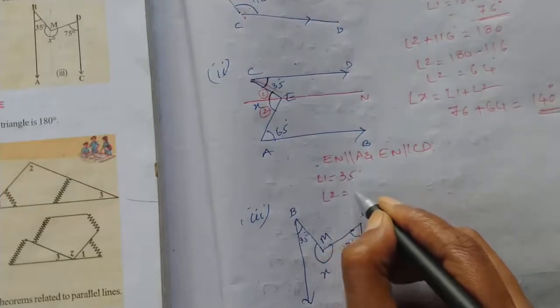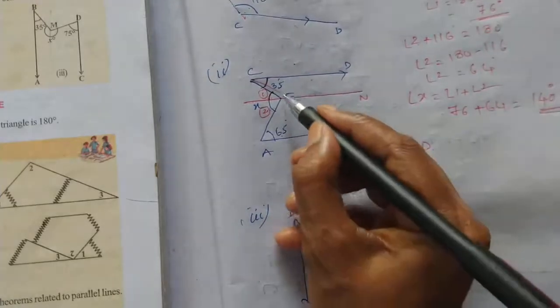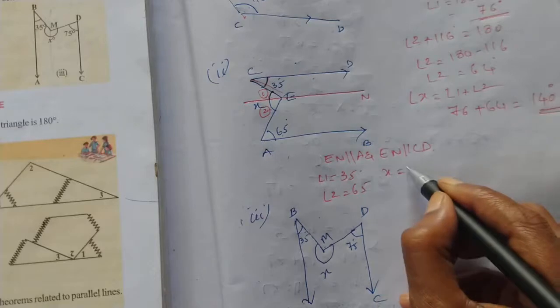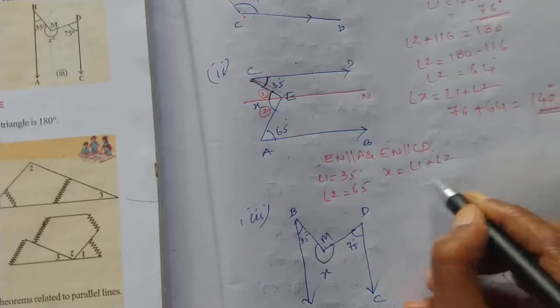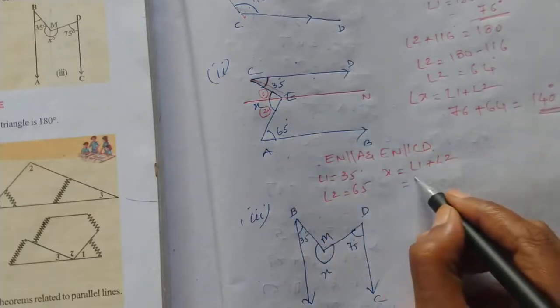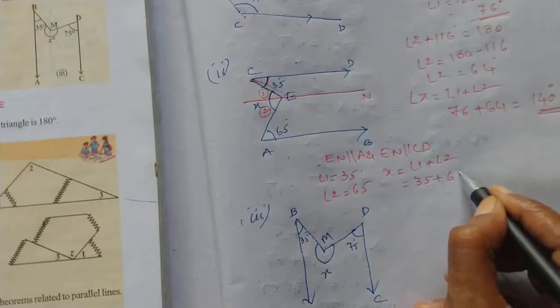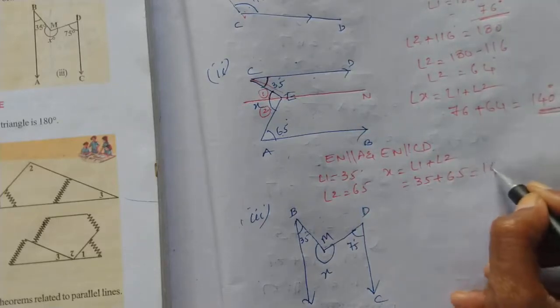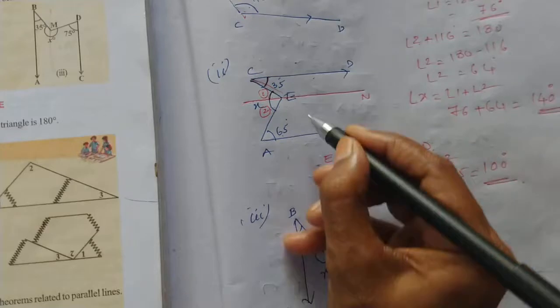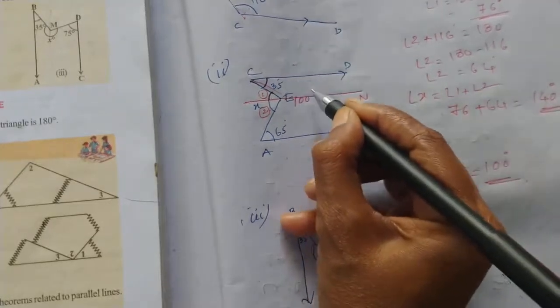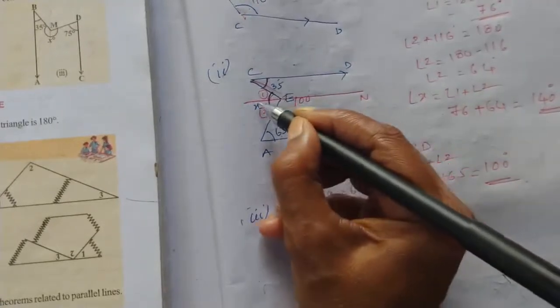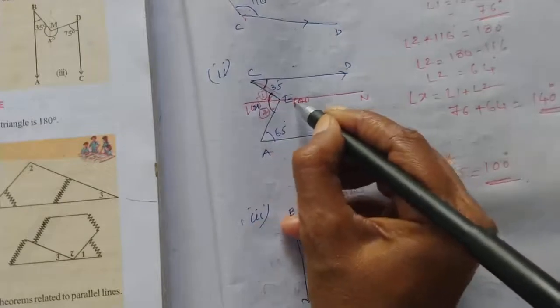Therefore, angle 2 is equal to 65 degrees. Then total angle x is equal to angle 1 plus angle 2, which is 35 plus 65, so 100 degrees.